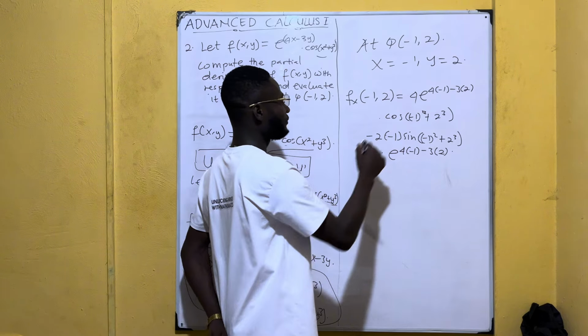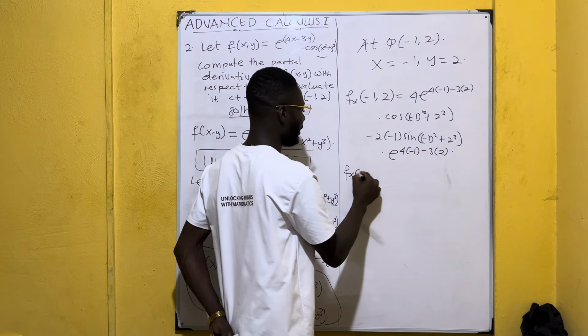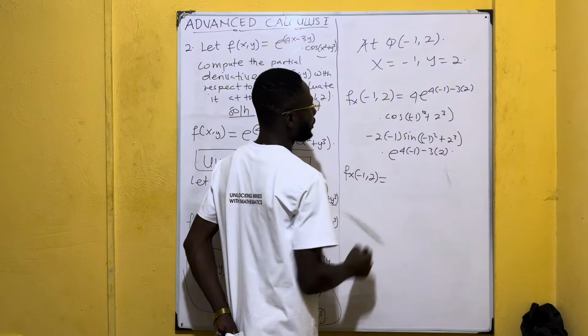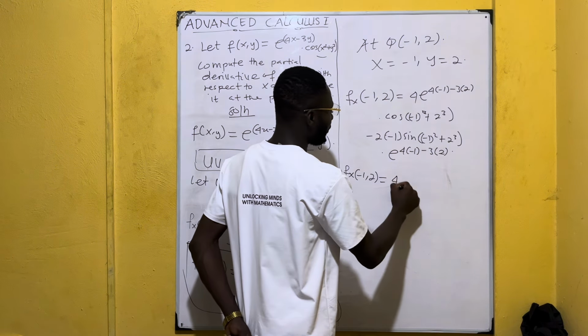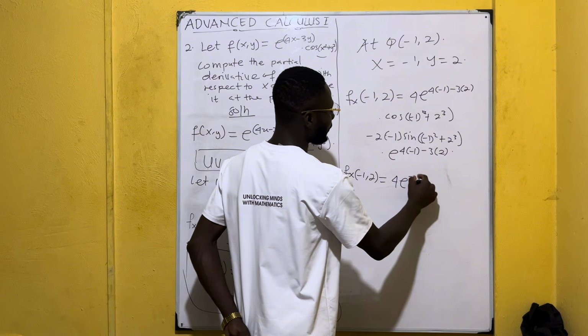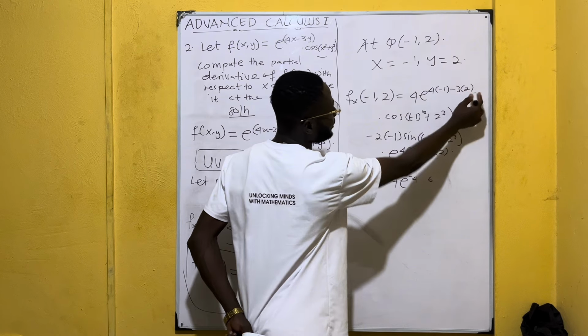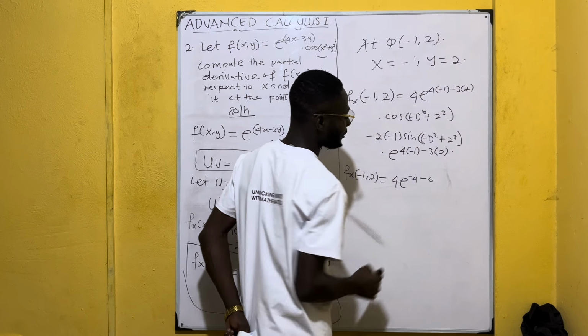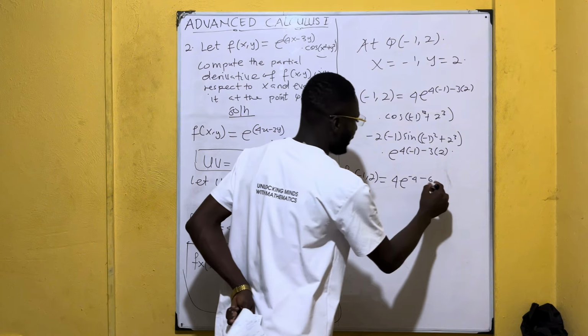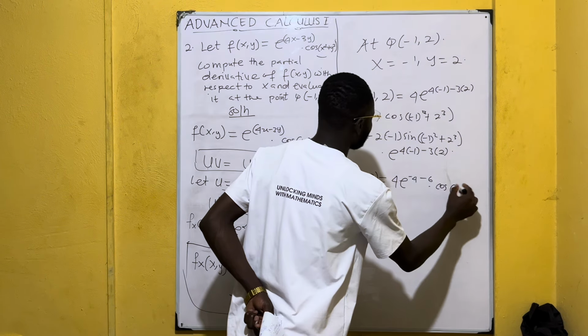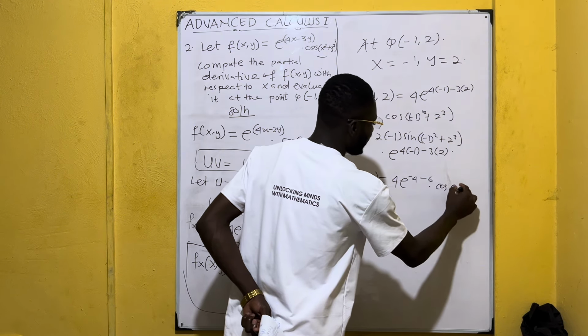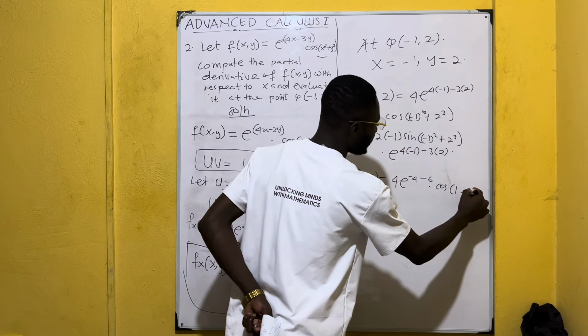So we just have to simplify this, and then we have our value. So we have 4 e to the power -4 plus 6 minus 3 times 2, we have -6, right? Times cos into -1 squared is 1 plus 2 cubed is 8.